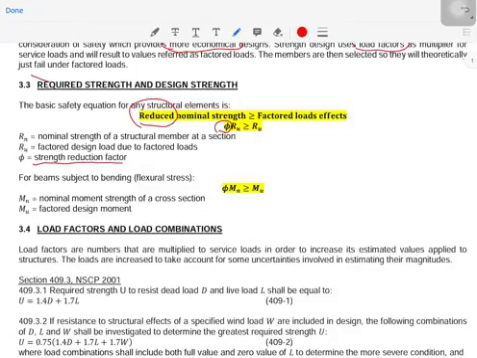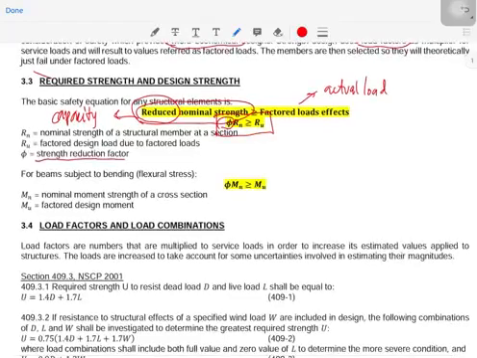Then you have a factored load, which is the actual load. The nominal strength is the capacity of your section. If we convert it into an equation, that would be phi times Rn should be greater than or equal to Ru.